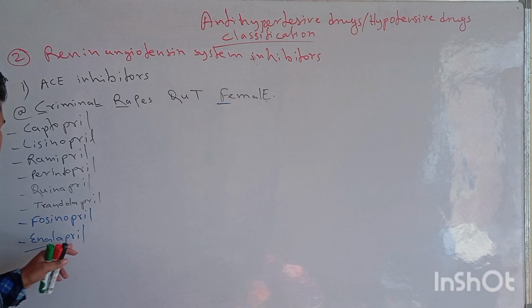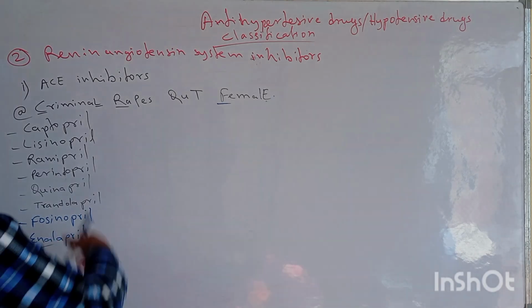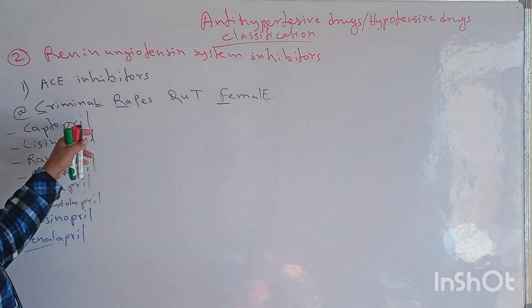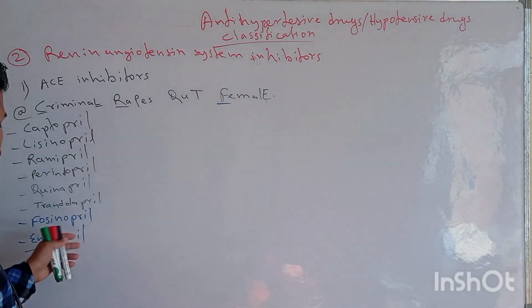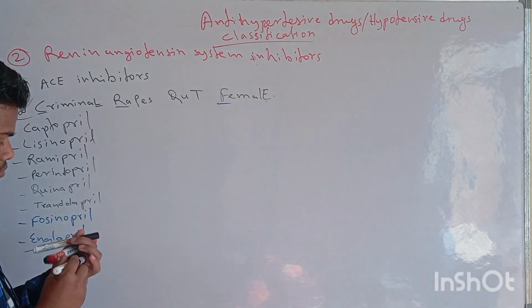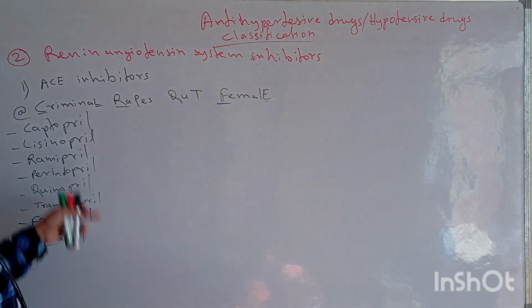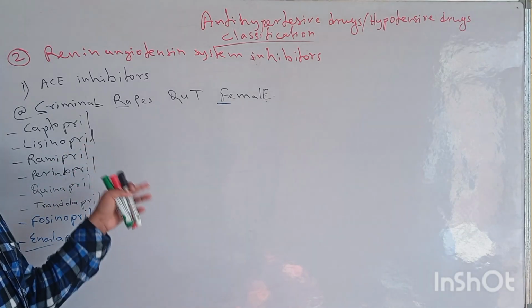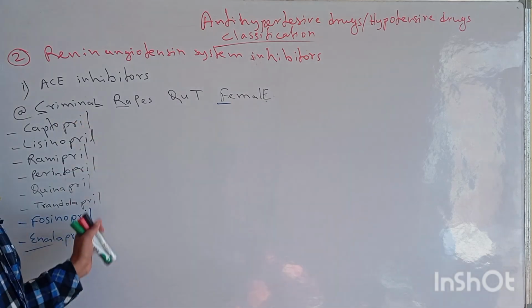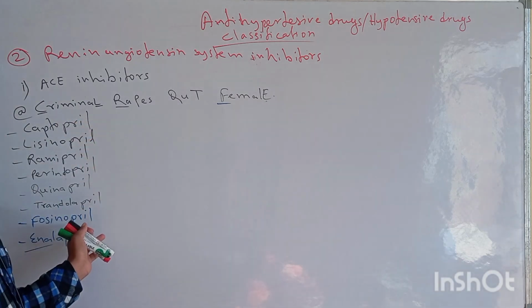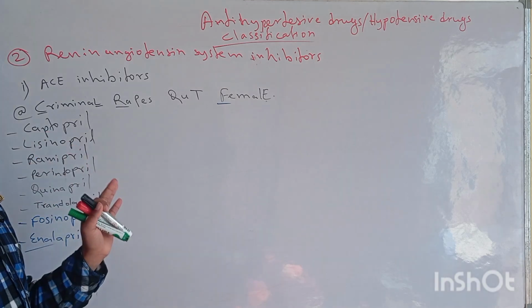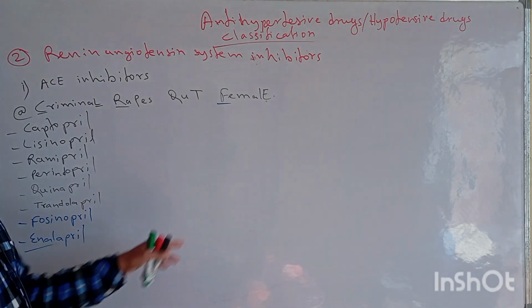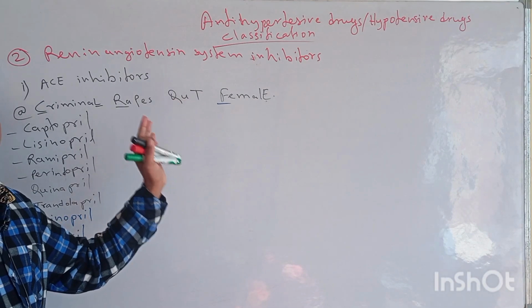You might be asked to write a short note on enalapril or any of the categories. If you are asked to write a short note, remember for a particular class or category, you can write the uses, adverse effects and contraindications common to all the drugs of that category, and I will be explaining in detail how to write a drug formulary.